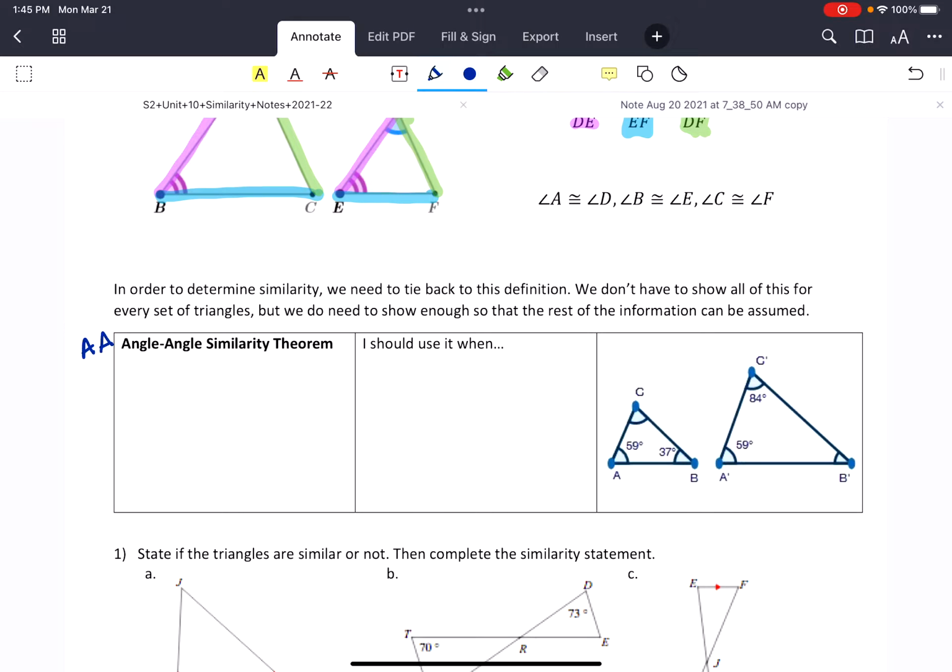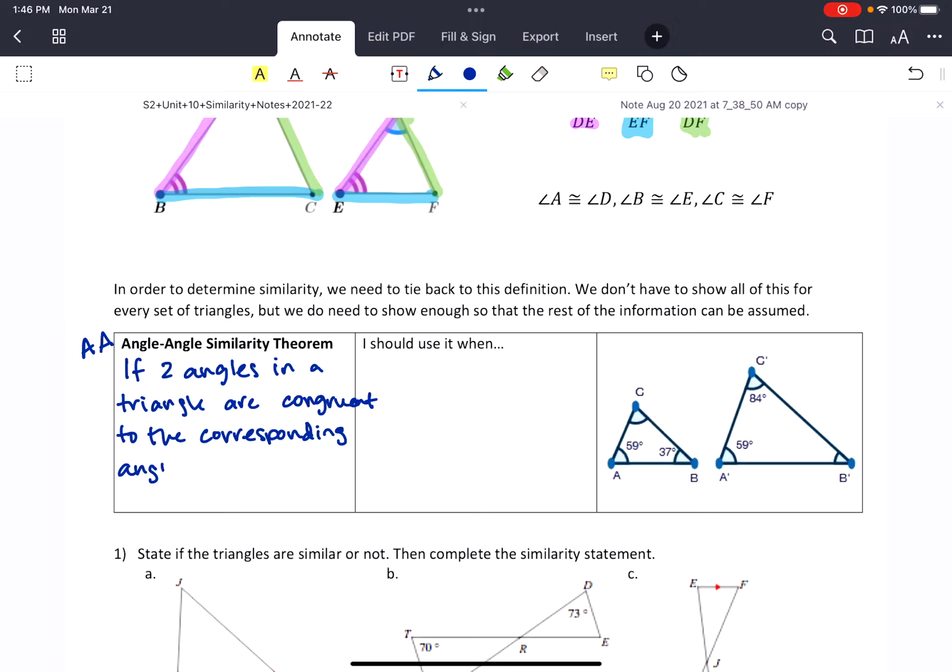The definition of angle-angle similarity is: if two angles in a triangle are congruent to the corresponding angles of another triangle, then the triangles are similar.